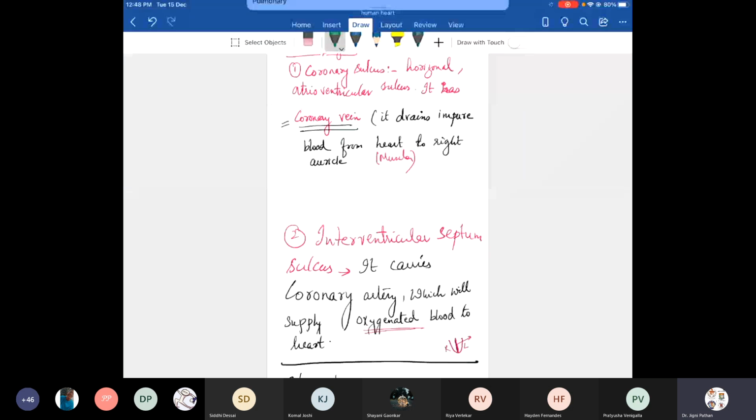So all the veins carry deoxygenated blood. There is only one vein that carries oxygenated blood. Which vein?